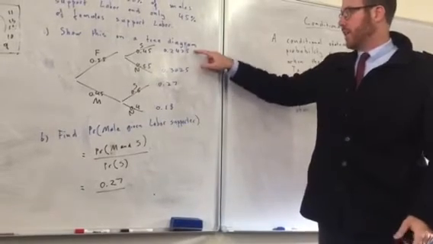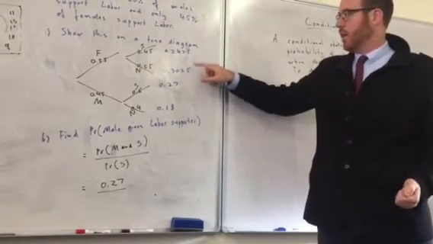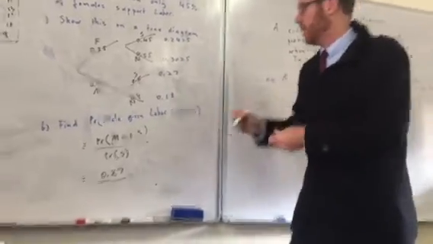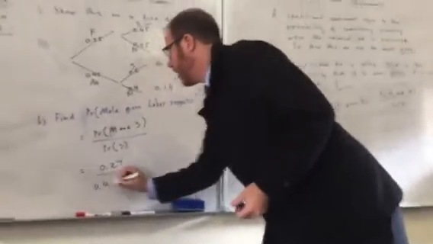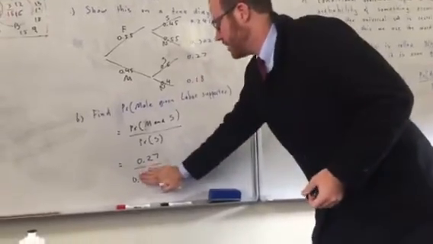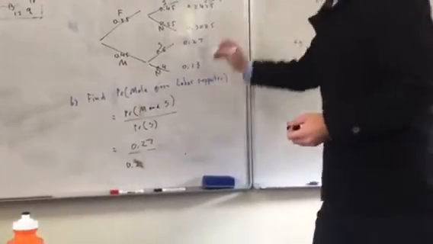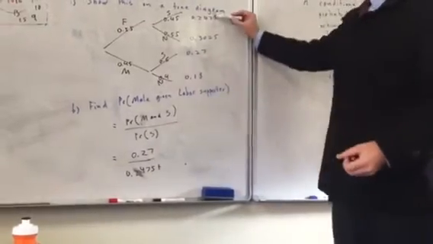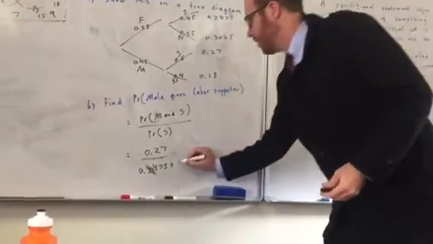Yeah, so it's these 2 added together, isn't it? They can be a female supporter or a male supporter. So it's 0.2475 plus 0.27.